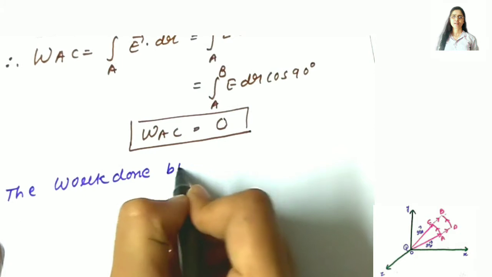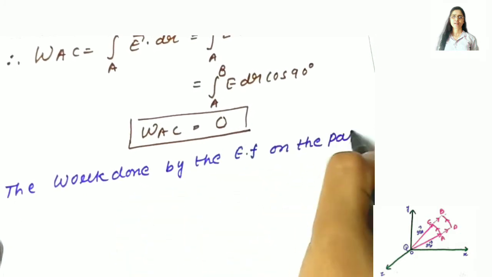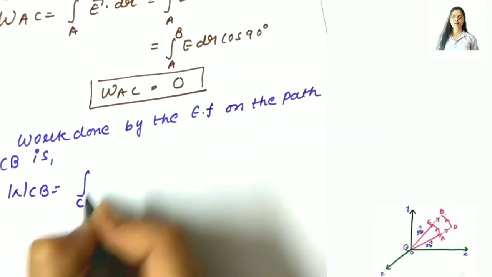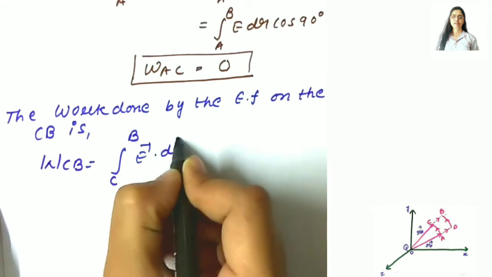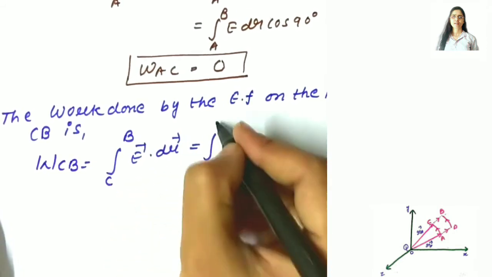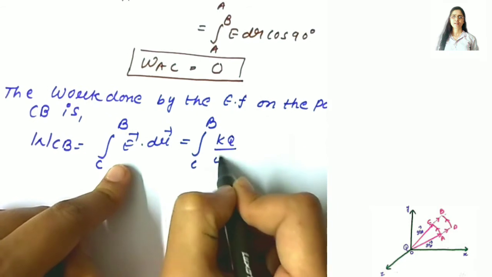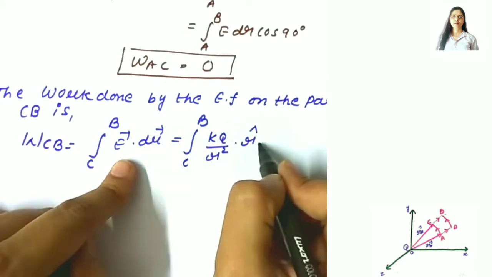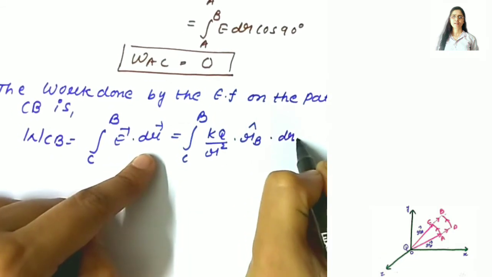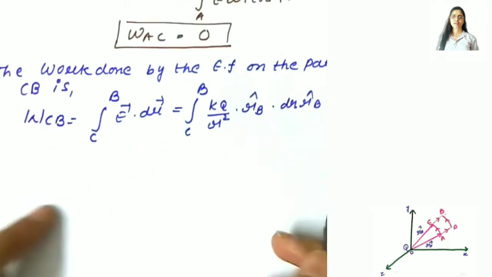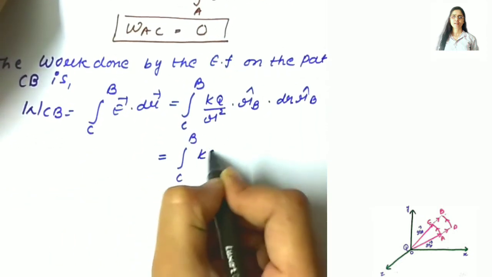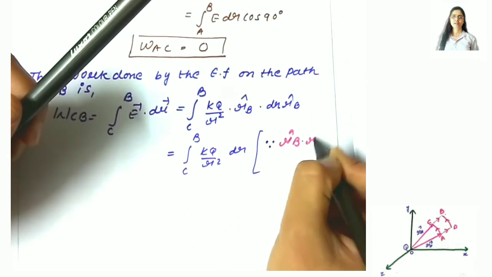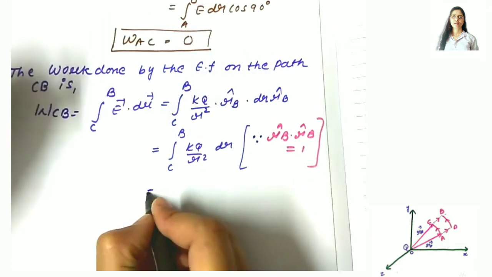Now the work done by the electric field on the path CB is WCB, equal to the integration from C to B of vector E dot d vector R. Here vector E equals KQ upon R square into R cap of B. Now we put d vector R equals dr into R cap of B, and that is equal to the integration from C to B of KQ upon R square into dr. R cap B dot R cap B equals 1.